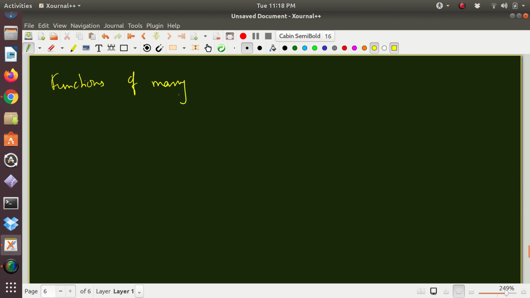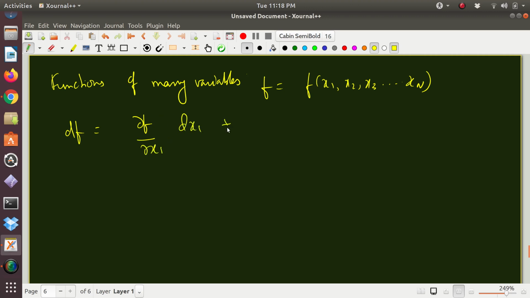So if I have a function f of x1, x2, x3, and so on up to xn, then we write df as partial f partial x1 dx1 plus partial f partial x2 dx2 plus so on up to partial f partial xn dxn.